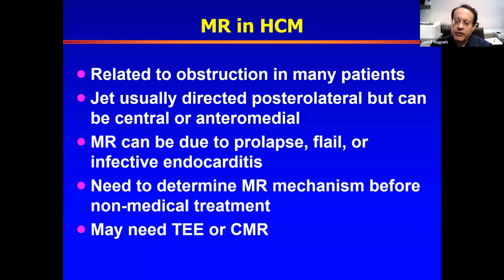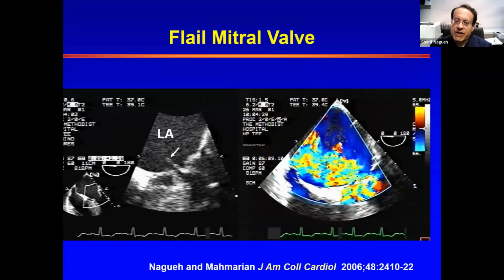If it's a primary mitral valve pathology, say a flail segment, that's a very different treatment than, say, referring a patient for a myectomy and expecting the myectomy by itself to treat the mitral regurgitation. So it is important to have a lower threshold, if you do not feel comfortable about what is happening with the mitral valve, to consider transesophageal echo or CMR.